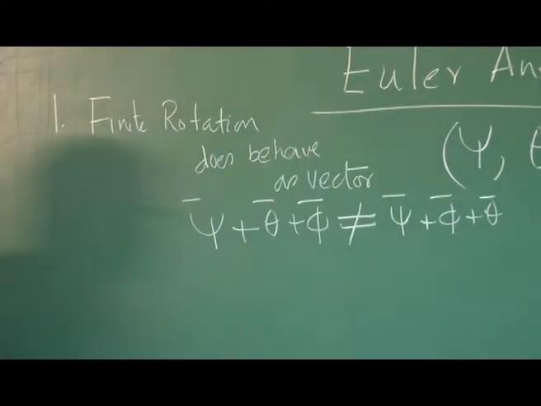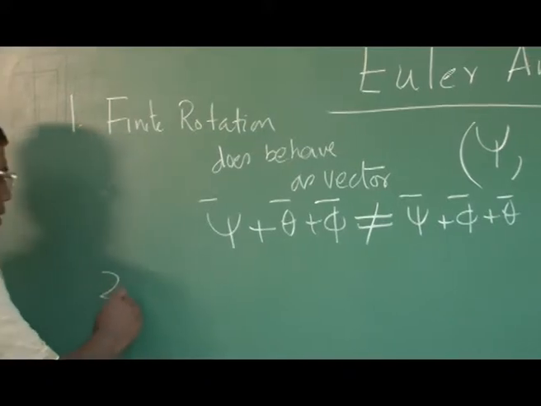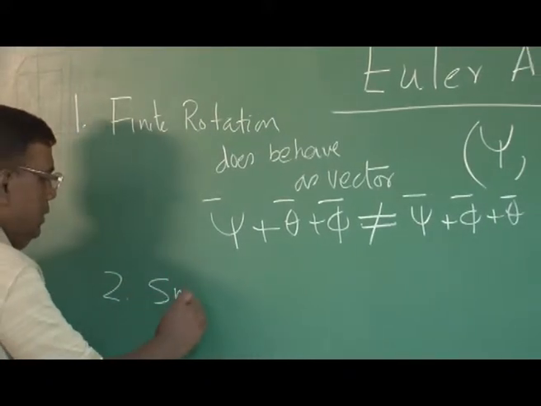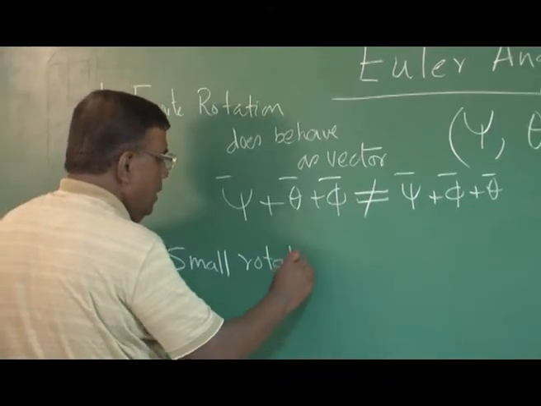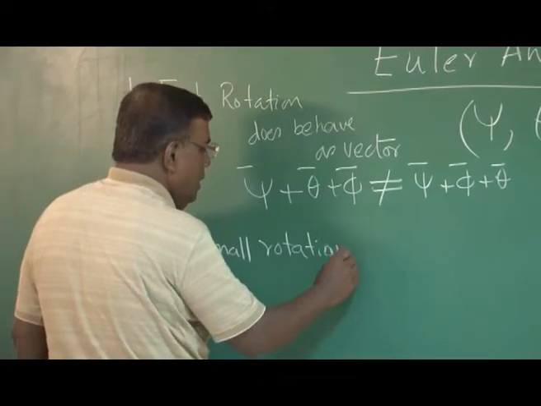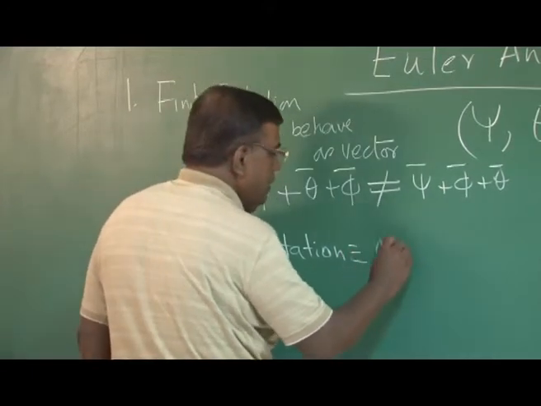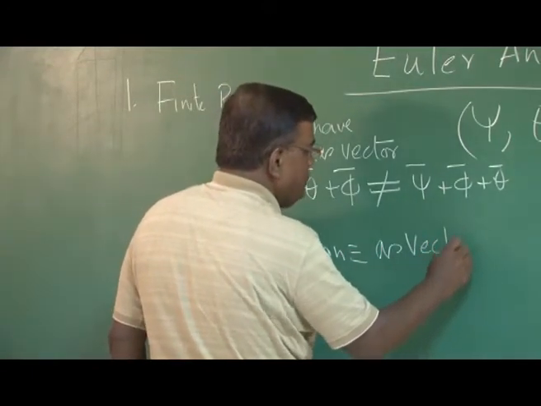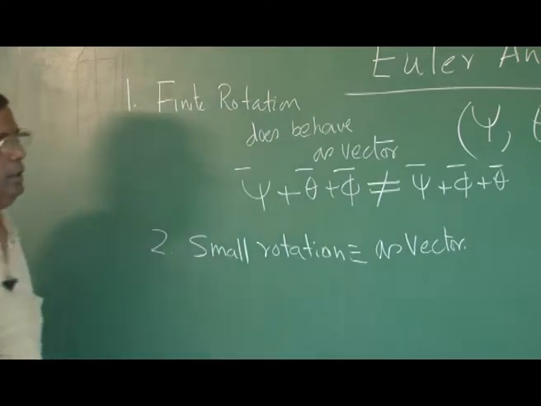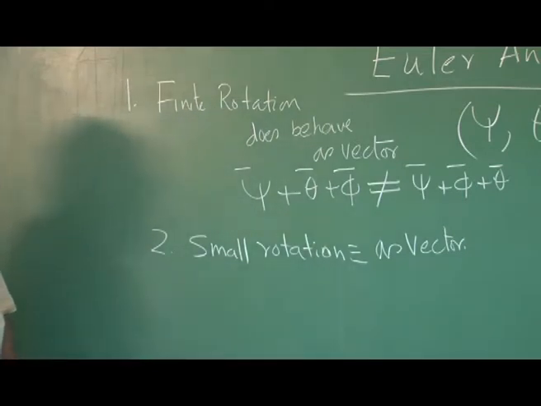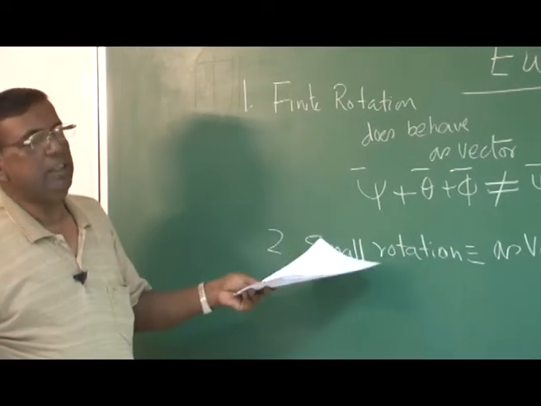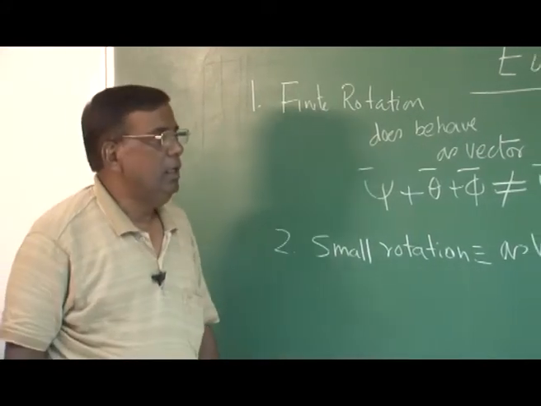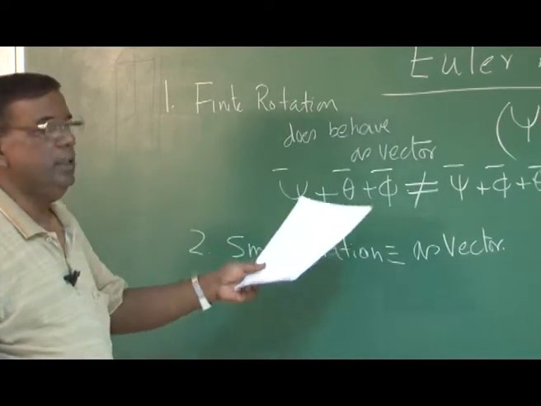So finite rotation does not behave as a vector. However, small rotations, they do behave as vectors. Okay. So these are two things we should keep at the back of your mind, and it's very easy to see that this is indeed true.